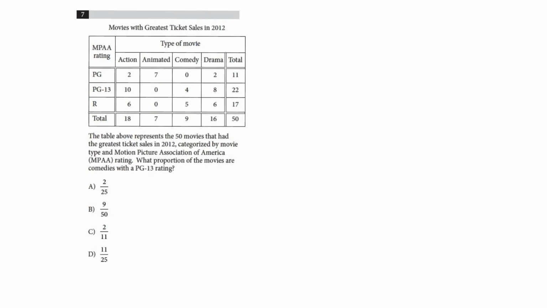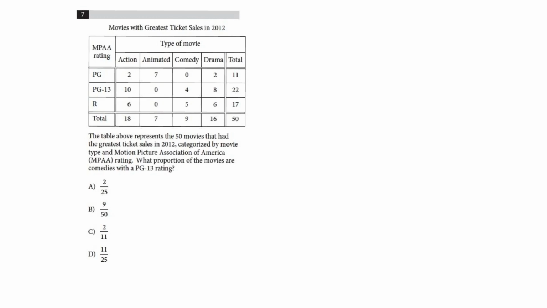Okay, we got movies with greatest ticket sales in 2012. The table above represents 50 movies that had the greatest ticket sales in 2012, categorized by movie type and Motion Picture Association of America rating. What proportion of the movies are comedies with a PG-13 rating? Okay, so let's think about this. The proportion is a part out of a whole.